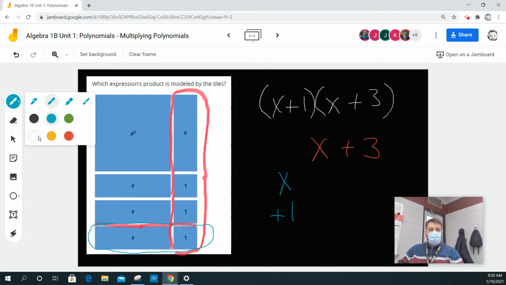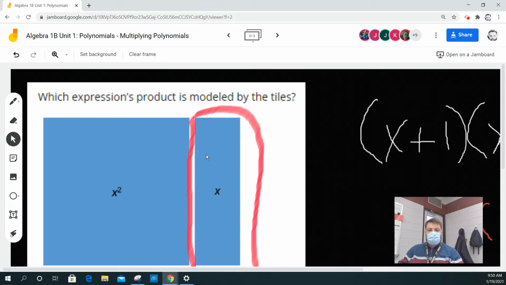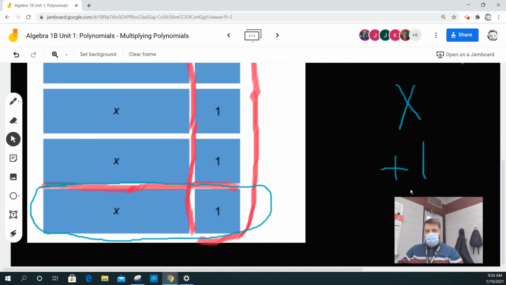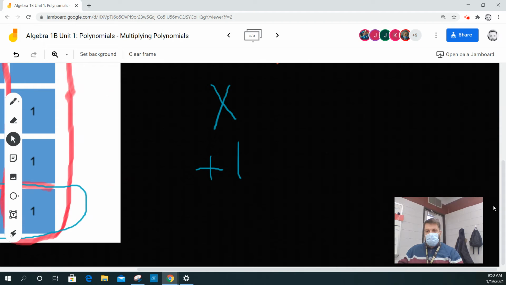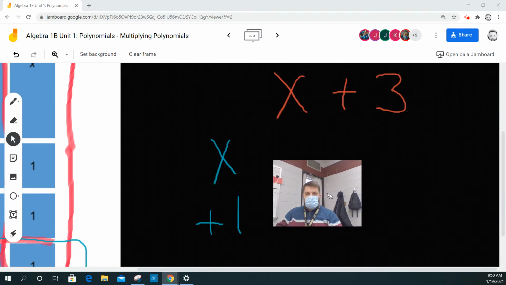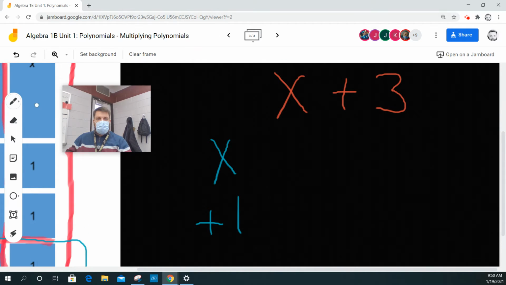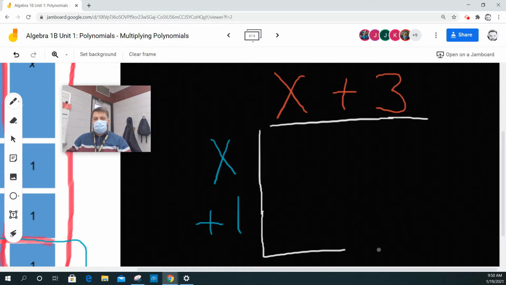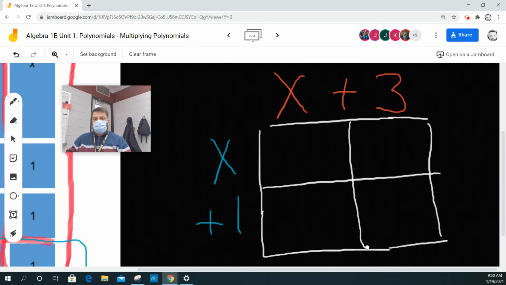So if I use the grid model like we've been doing, let me zoom in on this a little bit so you can see my fancy math. So if I use this grid model and I multiply this by this, what's x times x?